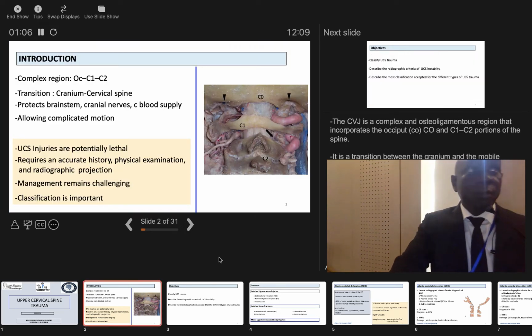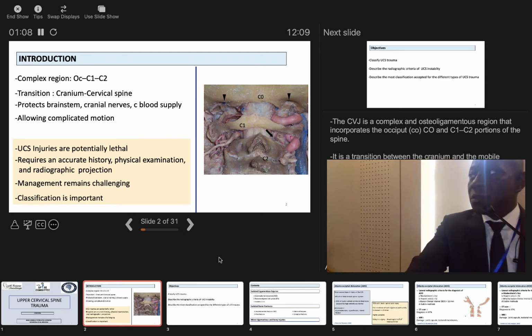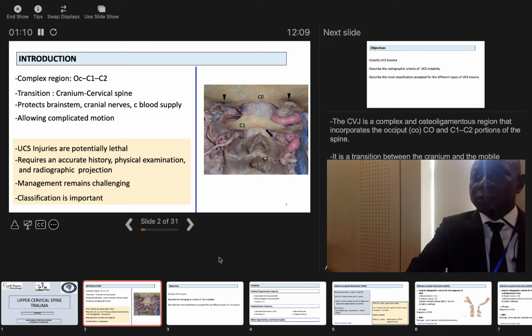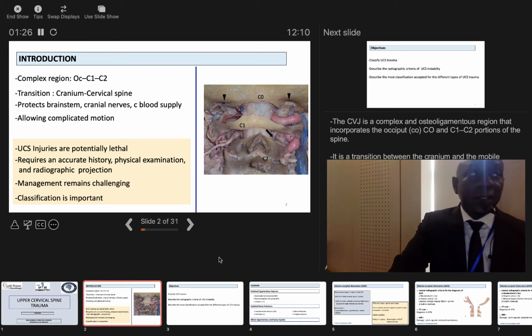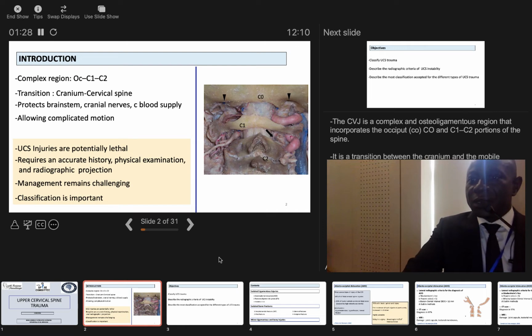As you know, the craniovertebral junction is a complex and ligamentous region that incorporates the occiput, C1, and C2 portion of the spine. It's a transition zone between the cranium and mobile cervical spine that permits significant motion, that balances maximum stability and protection of vital neurovascular anatomy with ample mobility and range of motion.